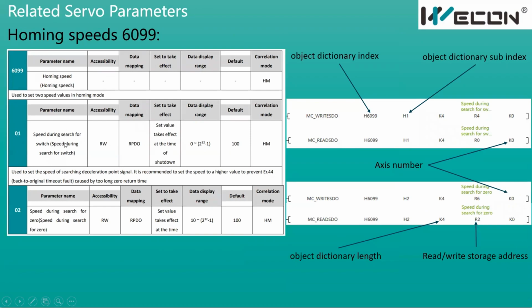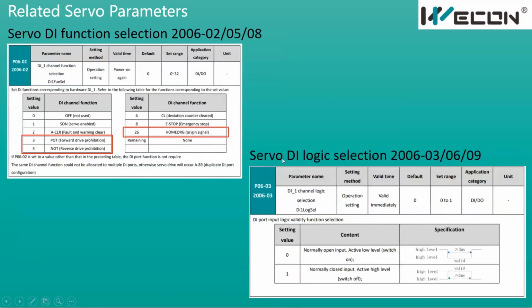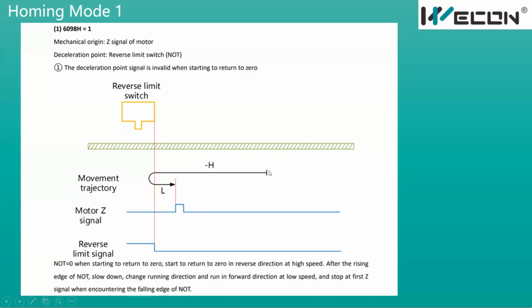This speed is for searching for the switch. So it will run in high speed until there is a NOT signal input. When the NOT DI has input, then the servo will change the speed and run in forward rotation, just like this flow.